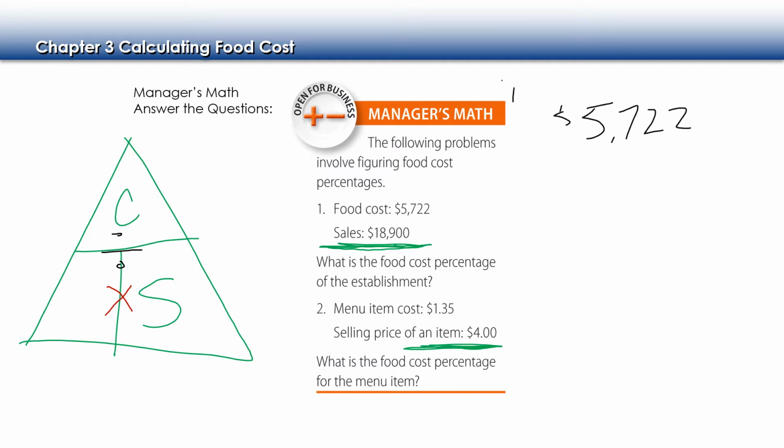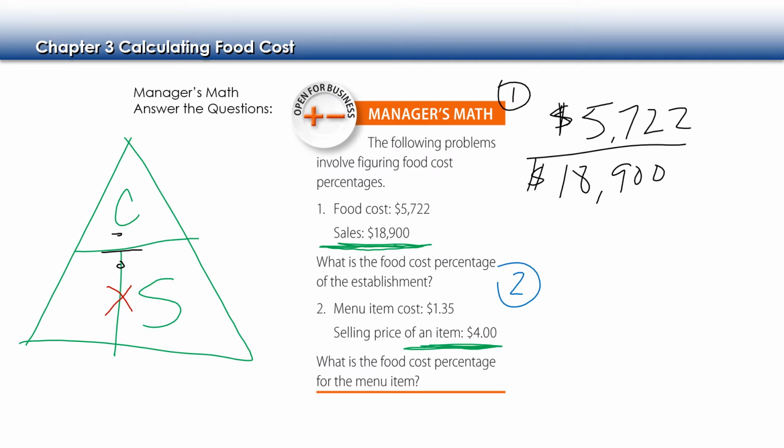$5,722. We divide that by $18,900, which is our sales, and we'll get a specific answer. So go ahead and calculate that and see what answer you get. Number 2 is for just one specific item.